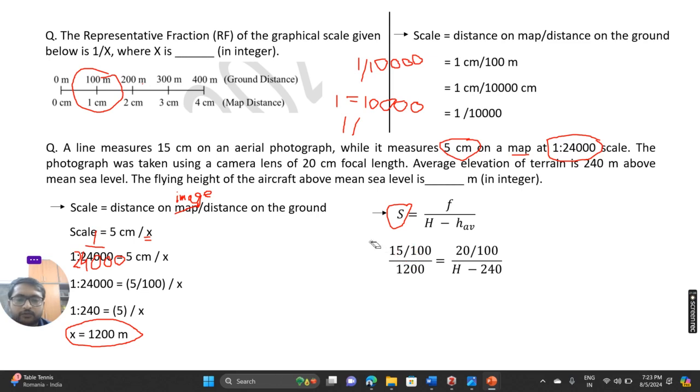So we have 15 by 100, which is the length of line on image, divided by the length of line on actual ground, which will give us the scale, which is equivalent to focal length f divided by H minus h average. If you simplify this, the answer will be 1840.